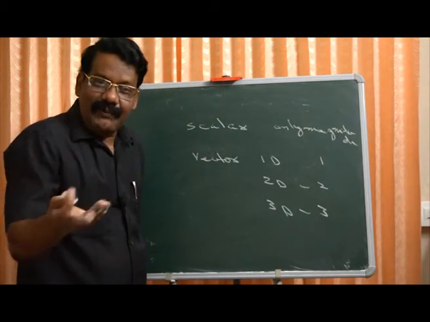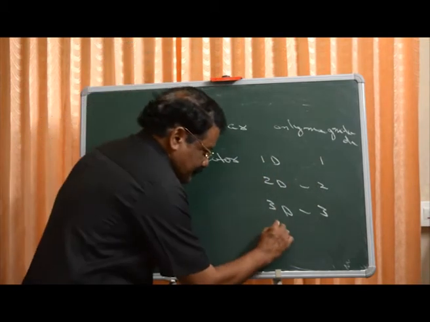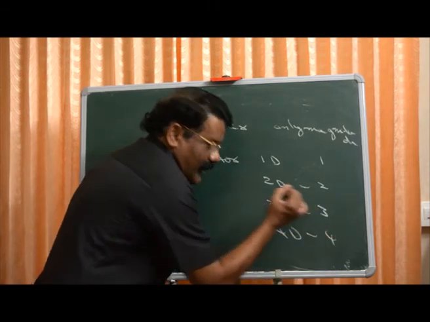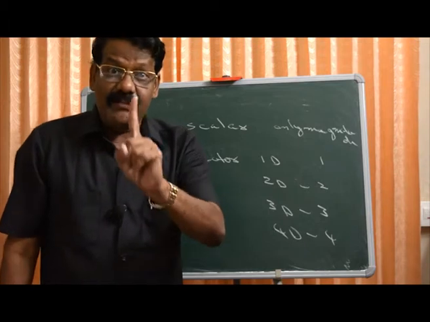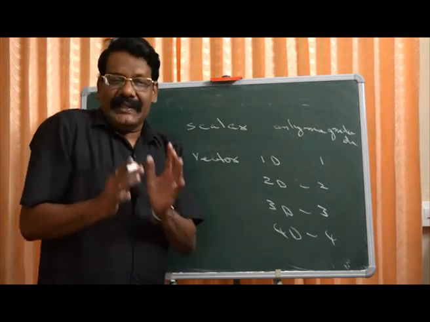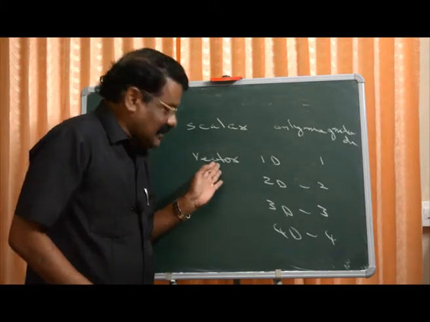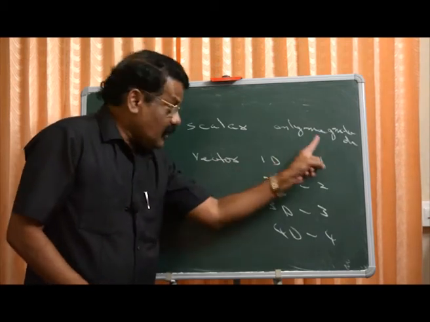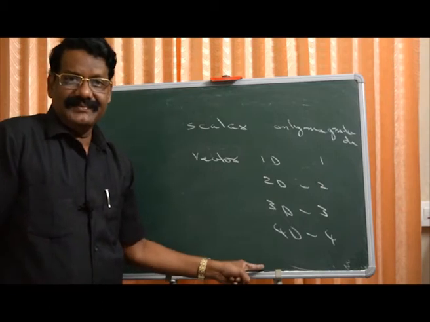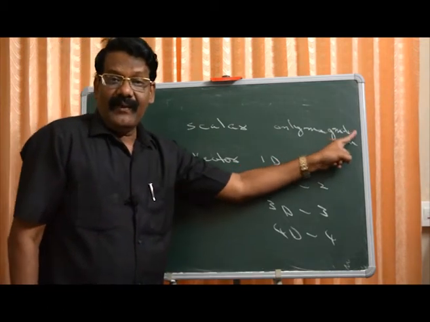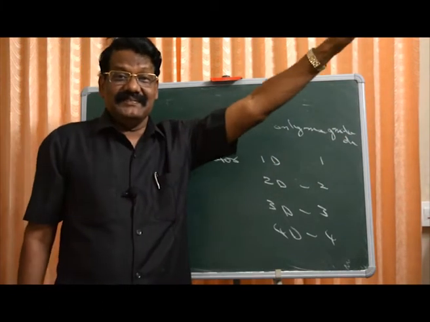If you are dealing with 4-dimensional Minkowski space, 4 components. If you are dealing with n-dimensional space, it will have n components. So the peculiarity of a vector is that the number of components is equal to the dimensionality. Whereas a scalar has only one magnitude in all dimensions.